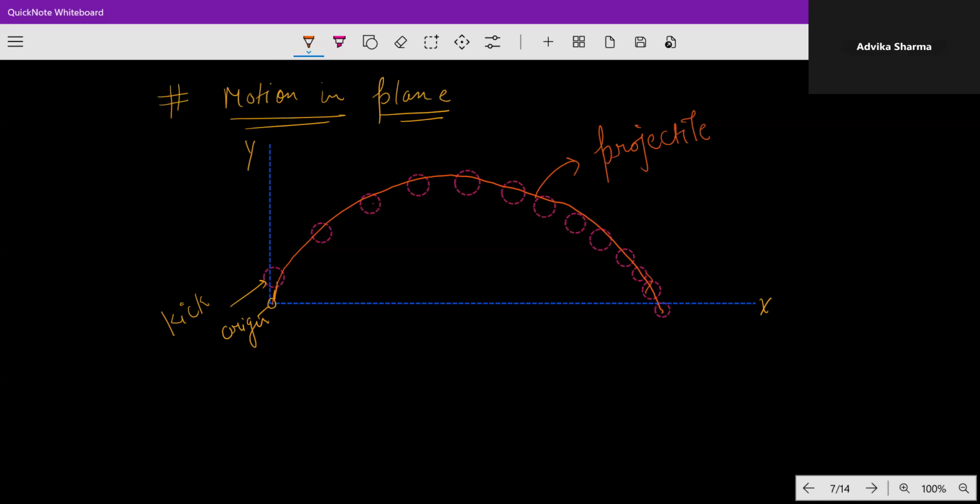Is there any doubt? If we calculate the acceleration, the acceleration of x and the acceleration of y are calculated totally independently. Yes or no?